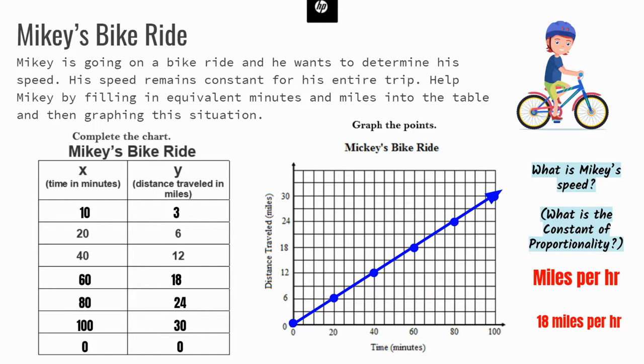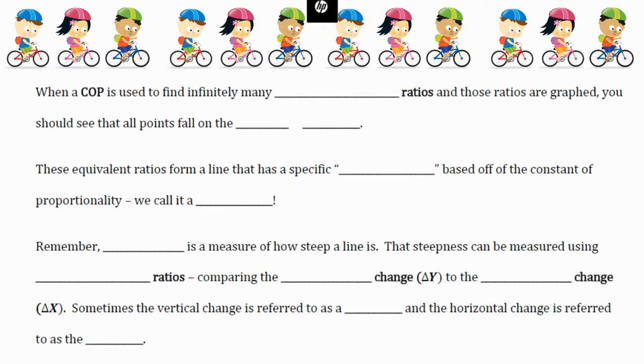All right, so let's talk about what this constant of proportionality means in this unit we're calling slope. How are the two related? When a constant of proportionality is used to find infinitely many equivalent ratios, like we just did in the table, and those ratios are graphed, you should see that all the points fall on the same line, which we just saw in Mikey's bike problem.